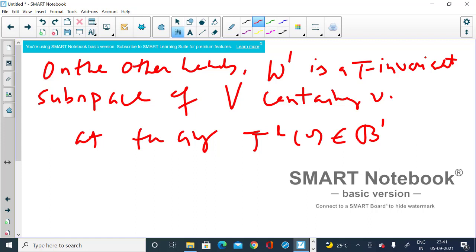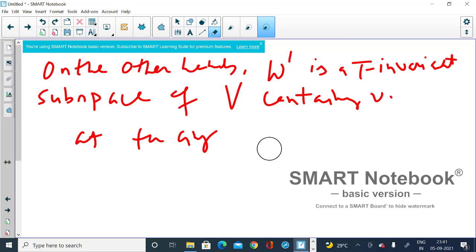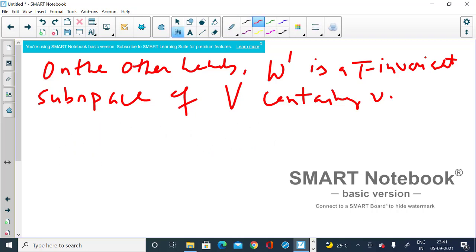Okay, so let me give a proper proof. Intuitively you can understand, but I need to give a proper proof. So why is this T-invariant? First of all, you check that T^j of v is an element of W dash.